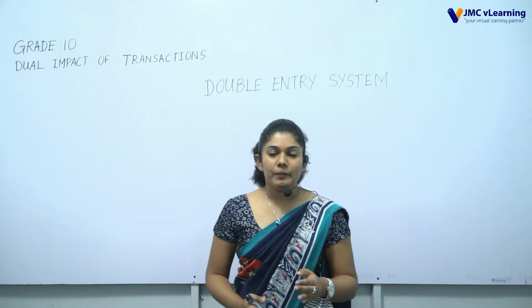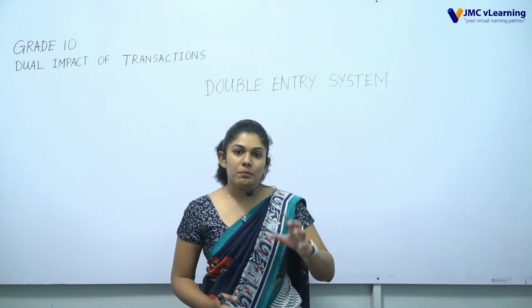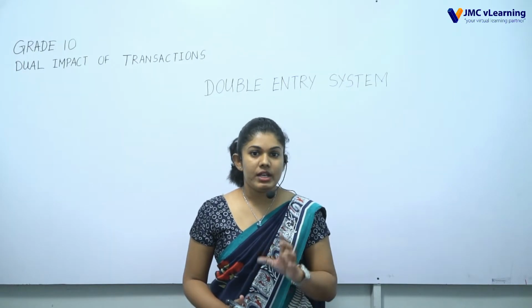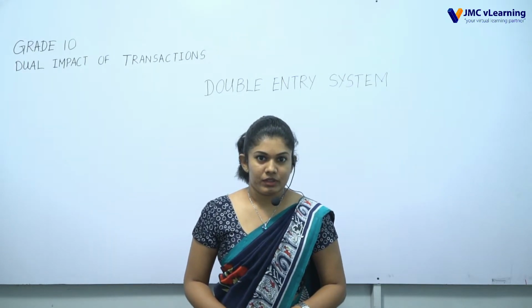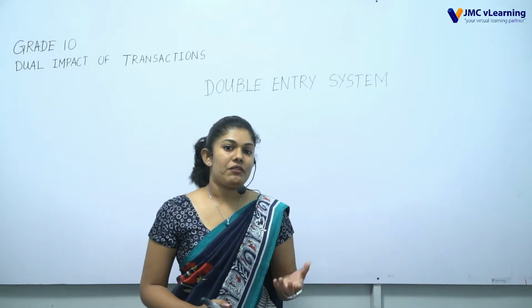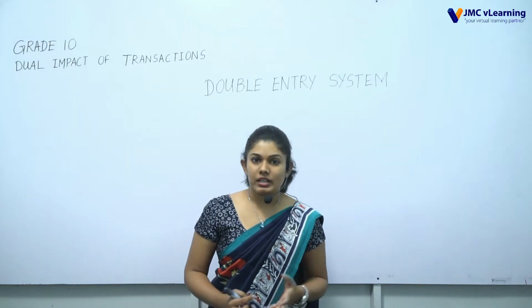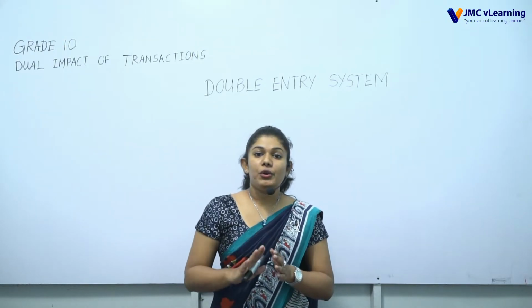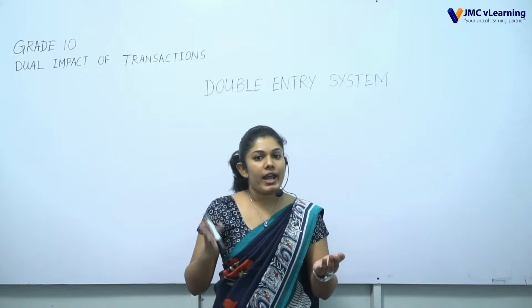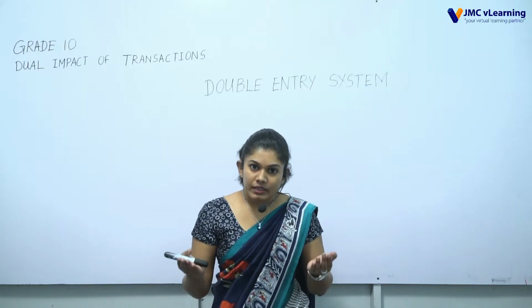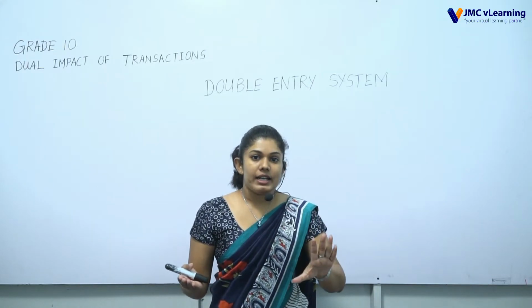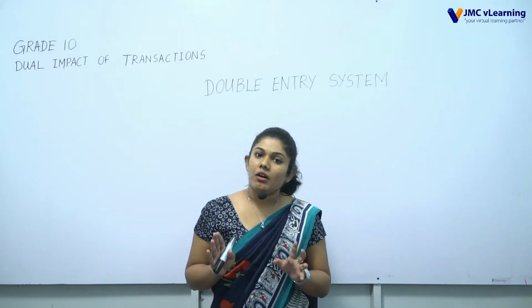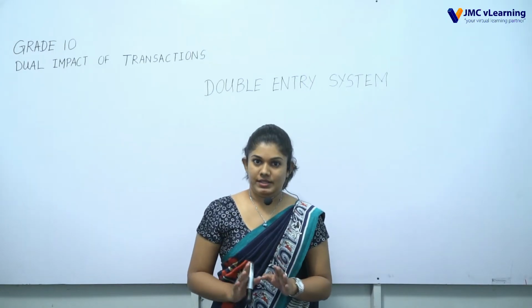Therefore, these two impacts have to be recorded in accounting records separately. In the previous example, we discussed investing capital. There we had two impacts, increasing cash and increasing capital. Both should be recorded in accounting records.